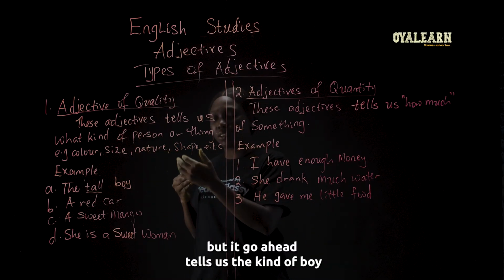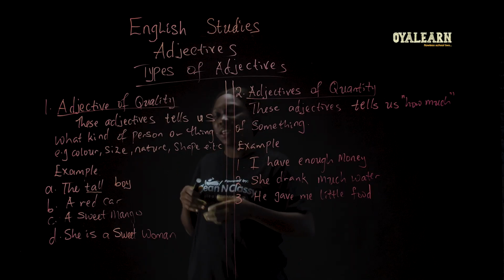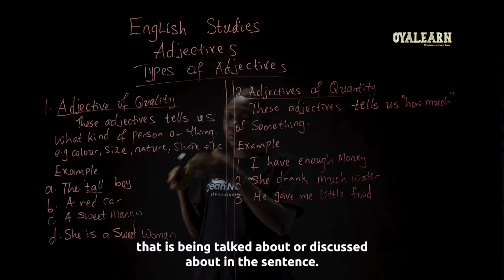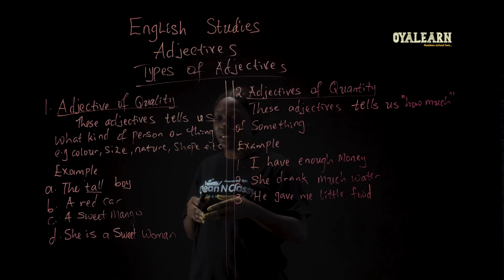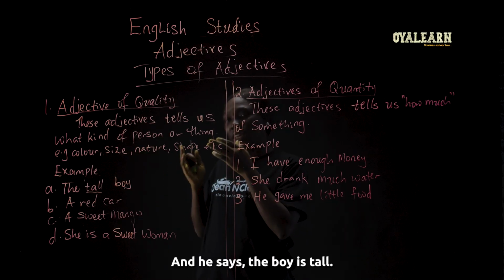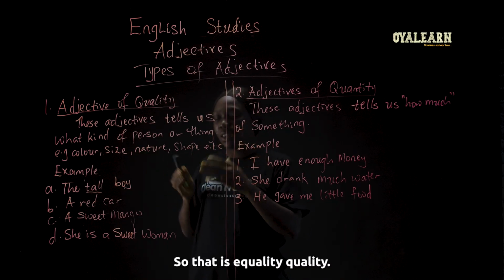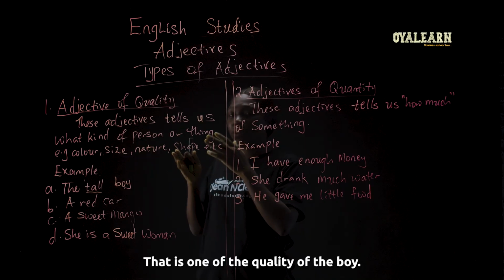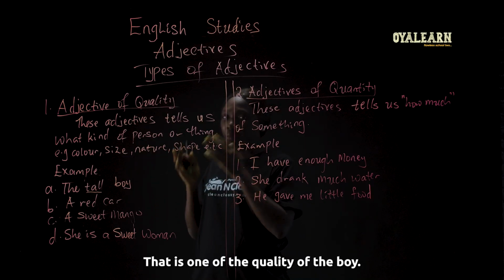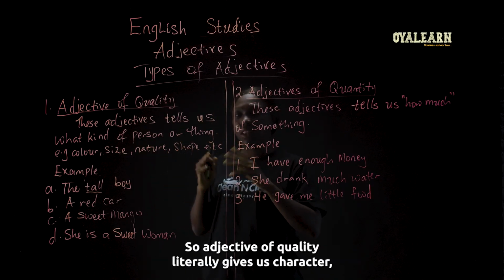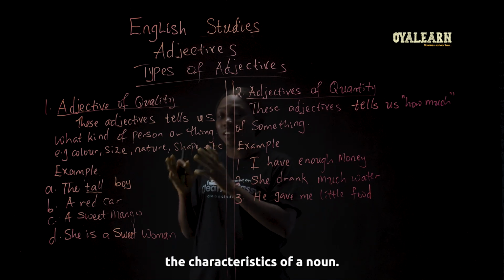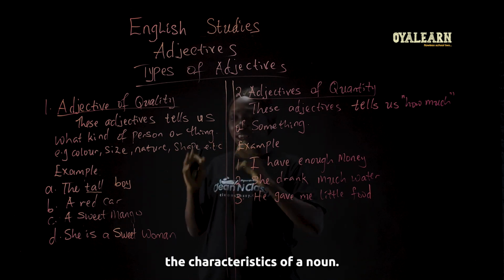It says the boy is tall. That is one of the qualities of the boy. So adjective of quality literally gives us the characteristics of a noun.